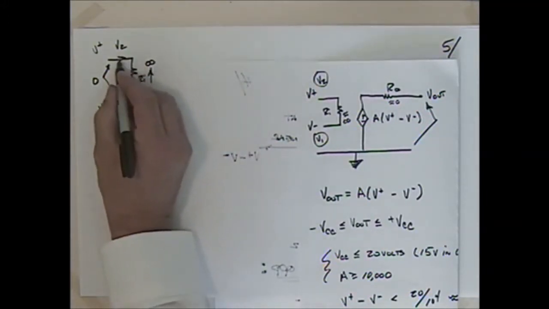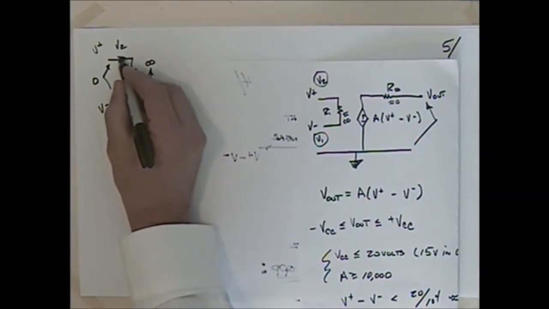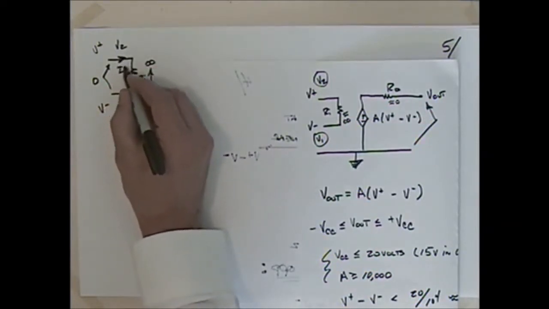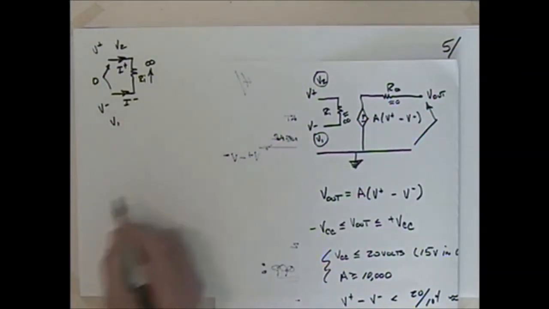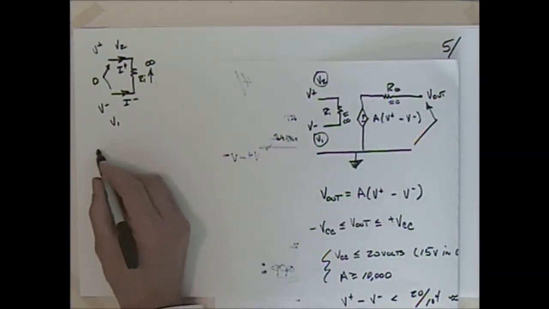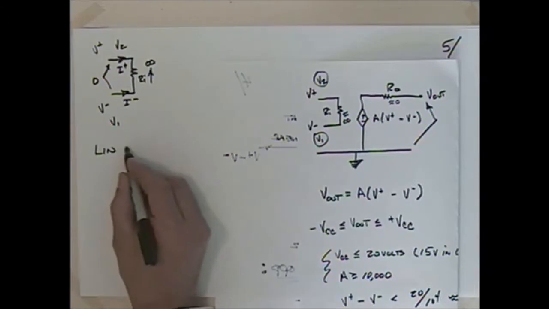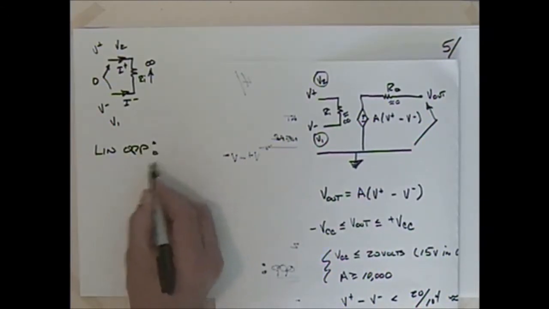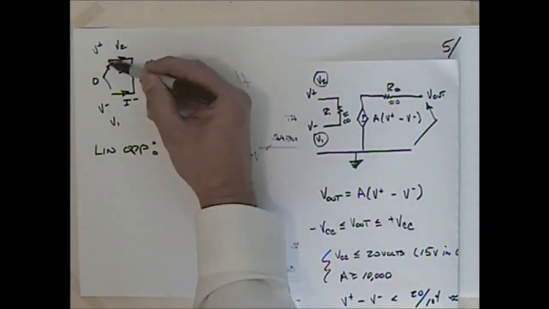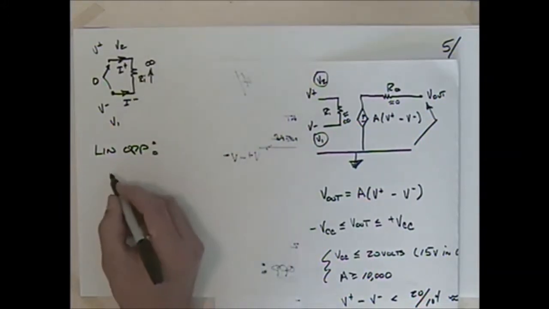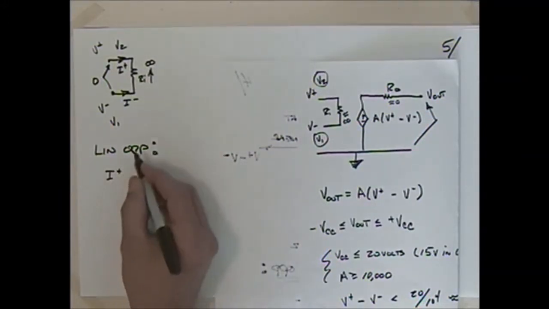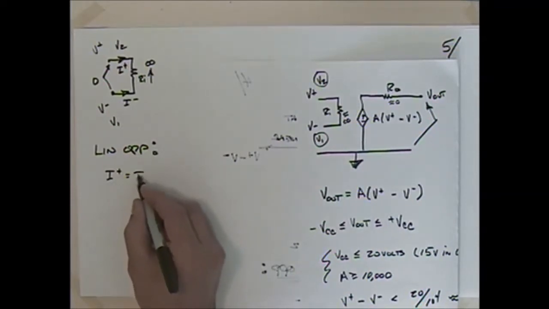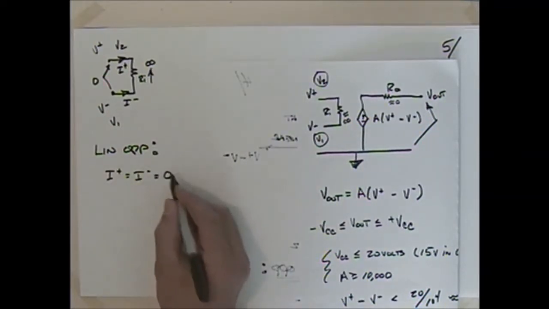What can I say about the current here? If I talk about the current I positive, or the current here, for that matter, I negative, what can we say it is? We can conclude then, for linear operation, that the voltages at these 2 points are not only equal to each other, but the current, that is I plus, the current into the positive terminal, or I negative, the current into the negative terminal, is equal to 0.